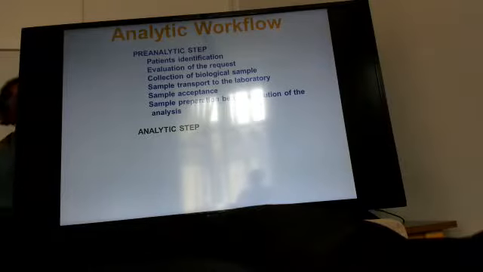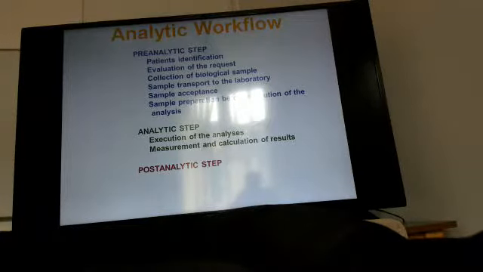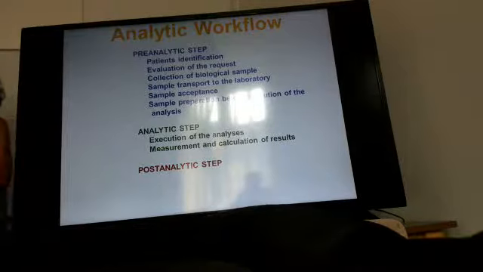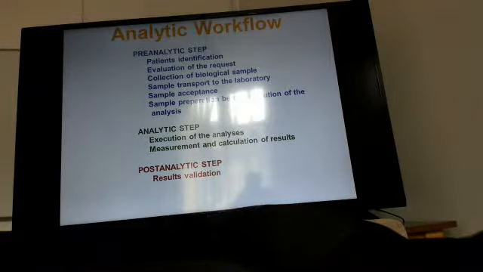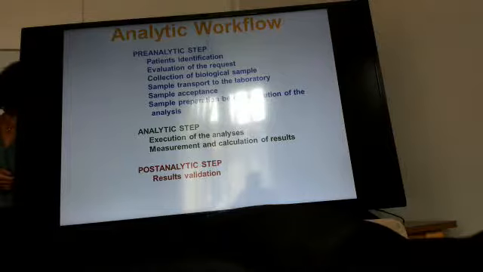Once you have done all of this, you can carry out the analytic step, that is the execution of the analysis. Once you have evaluated your biomarkers of interest, you have the post-analytic step, that is the evaluation of the results, so the interpretation of laboratory data.